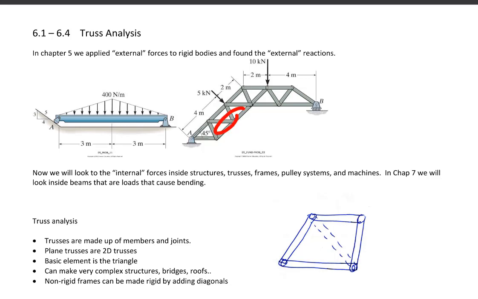So what is going on inside of a material? That's what we're going to look at here in trusses. We're going to look at the internal forces inside structures, trusses, frames, pulley systems, and machines. Then in Chapter 7 we're going to look inside beams that are under a bending load and see what they look like on the inside.